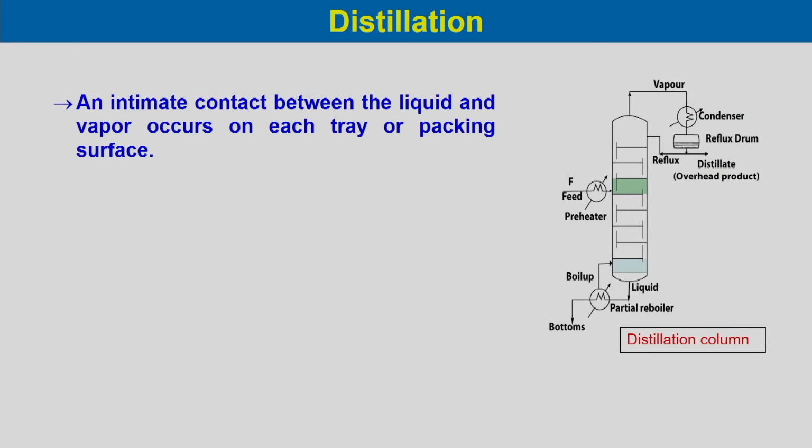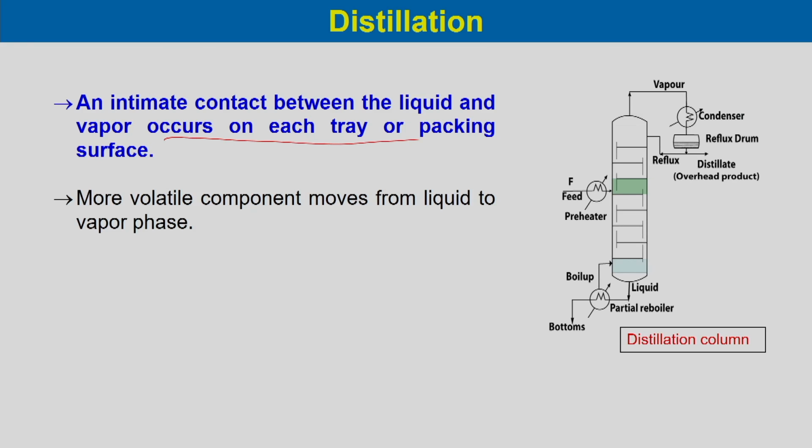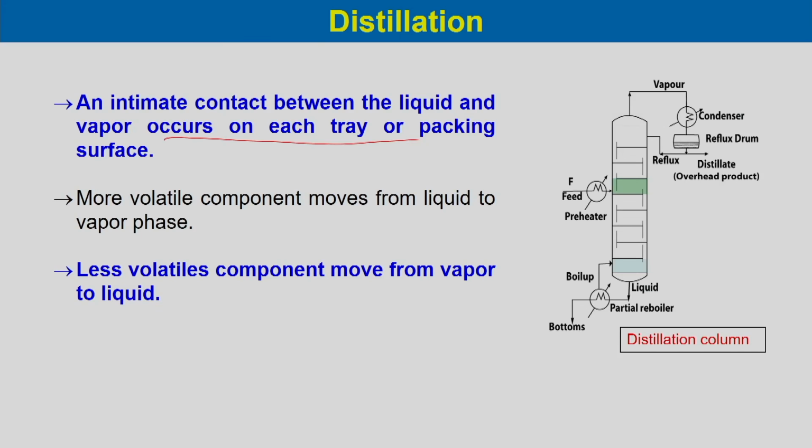Now, what happens during this flow of gas and liquid? As the reflux liquid as well as the feed flows down, intimate contact between the liquid and the vapor occurs on each tray or packing surface. The more volatile components move from the liquid to the vapor phase, and the less volatile components move from the vapor phase to the liquid phase.